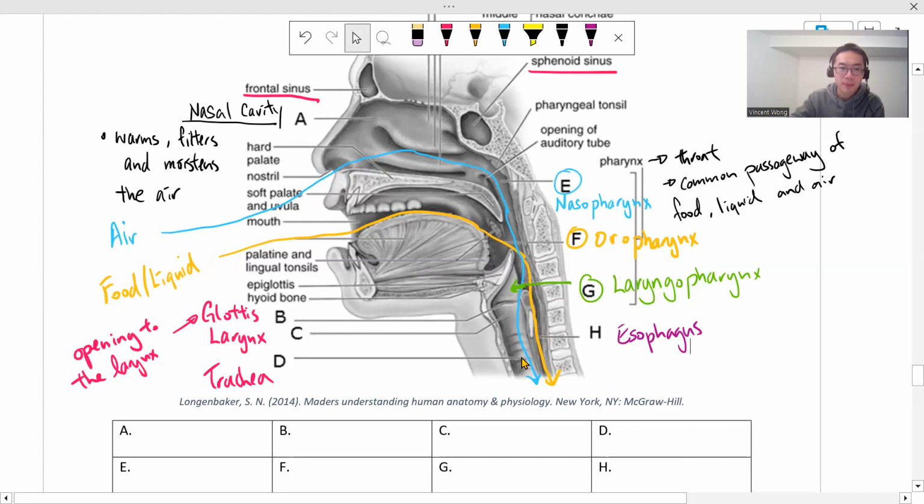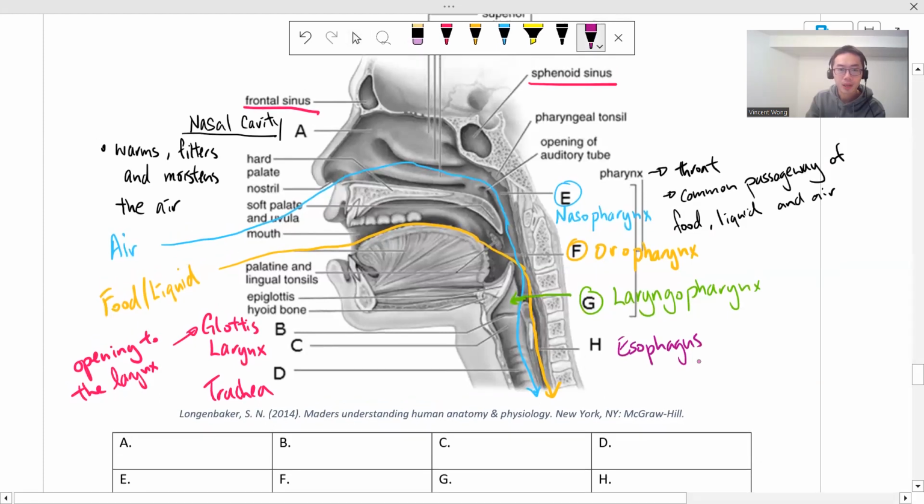So any questions about this picture? I thought the glottis was the epiglottis. No, we're going to get to the epiglottis later. The epiglottis is going to cover up the glottis. Think of the epiglottis as the toilet seat, and then the glottis is like the hole, the bowl.